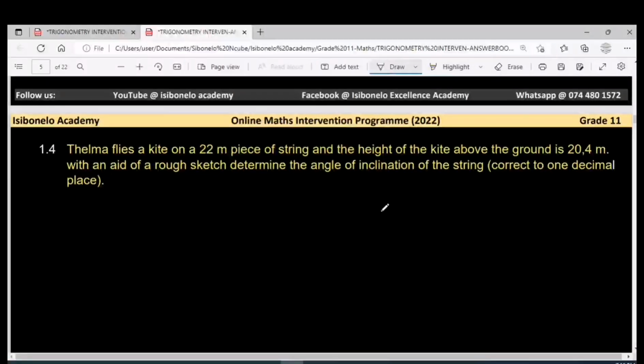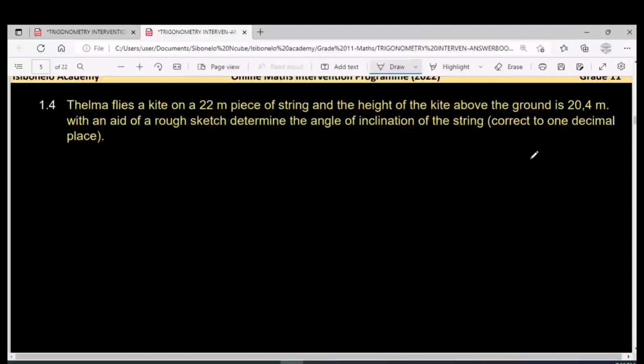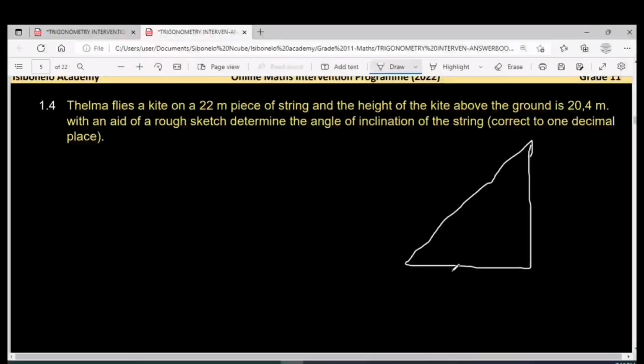So the information we can present like this, we can have our diagram. Because with the aid of a sketch, we are sketching our diagram.